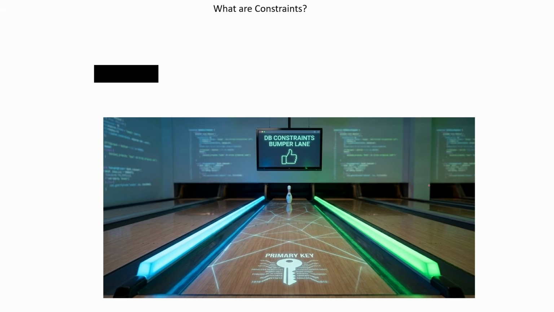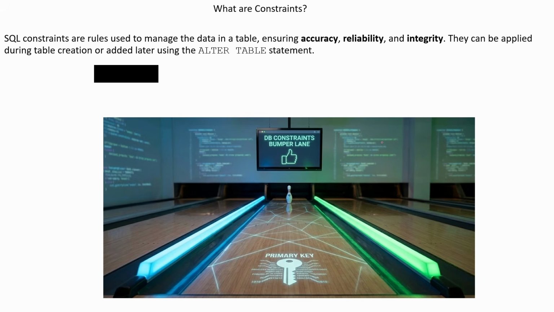These are rules we put on a specific column in a table to make sure only good data gets in. If I go to the definition, SQL constraints are rules used to manage the data in a table, ensuring accuracy, reliability, and integrity. They can be applied during table creation or added later using the alter table statement, right?